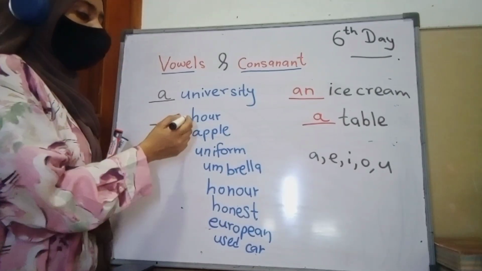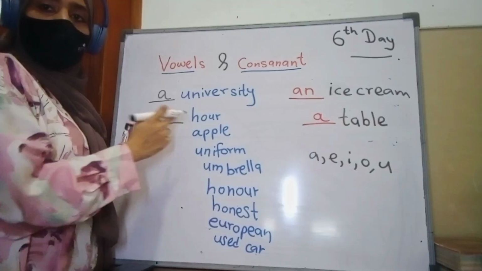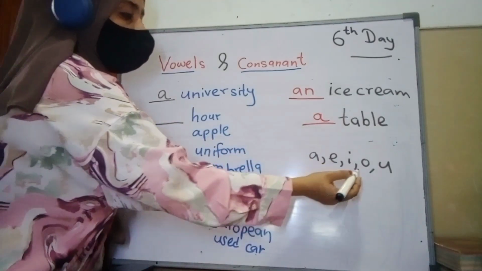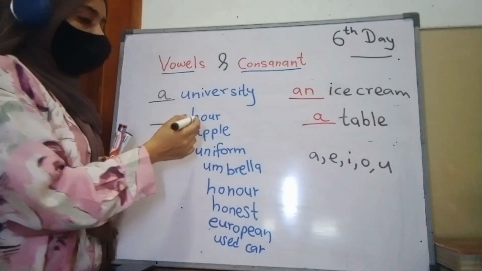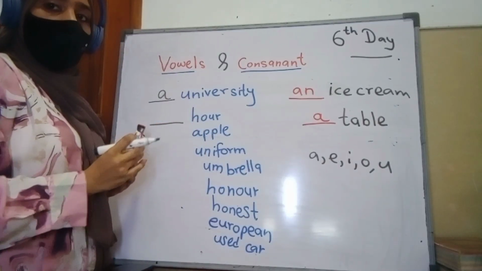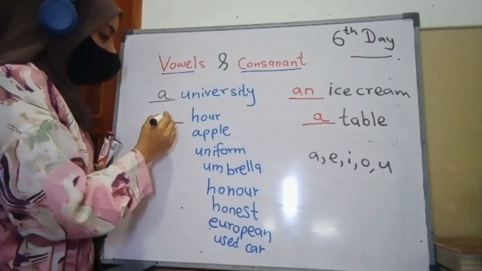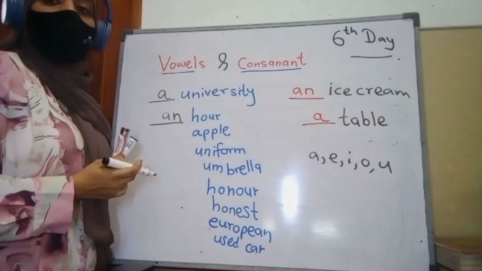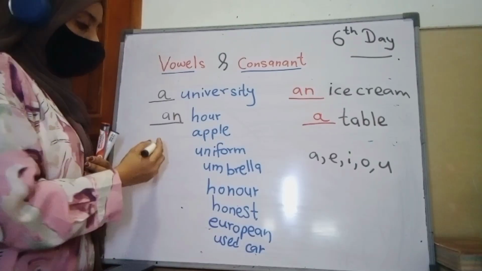Look here, it is not hover. This is hour. This is an o sound. O and a. So an o sound, a long vowel. Hour and hour. Look at apple, an a sound.